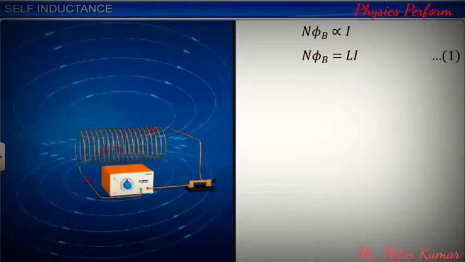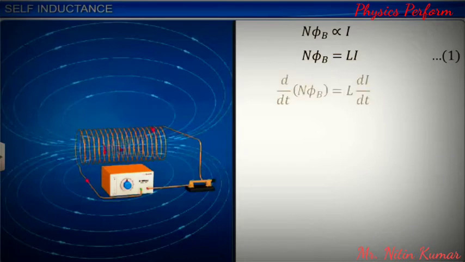When the current in the circuit is varied, the flux linked with the coil changes and an EMF is induced in the coil. This means d/dt of nΦB equals L dI/dt. Let this be equation 2.